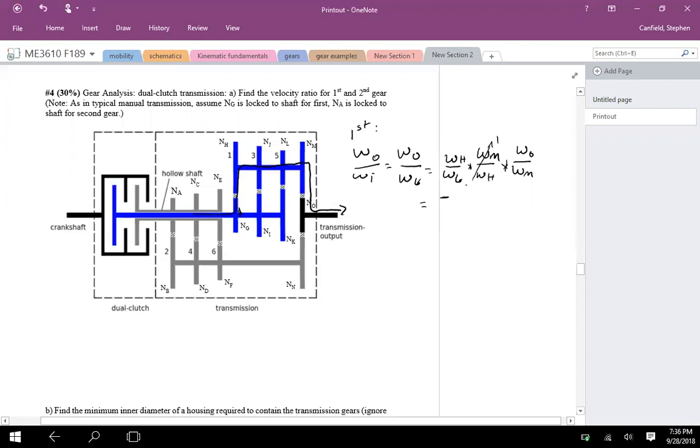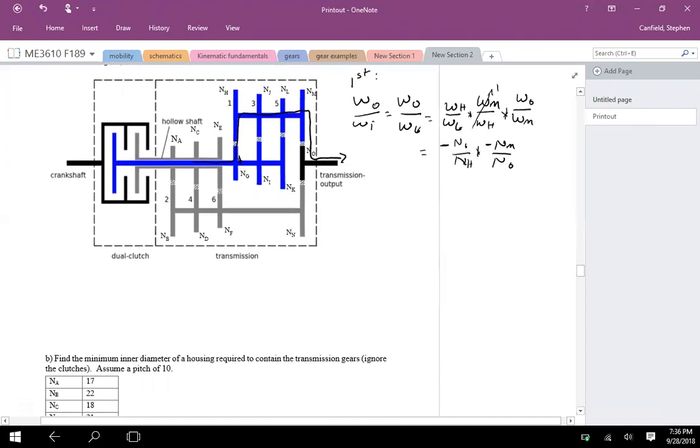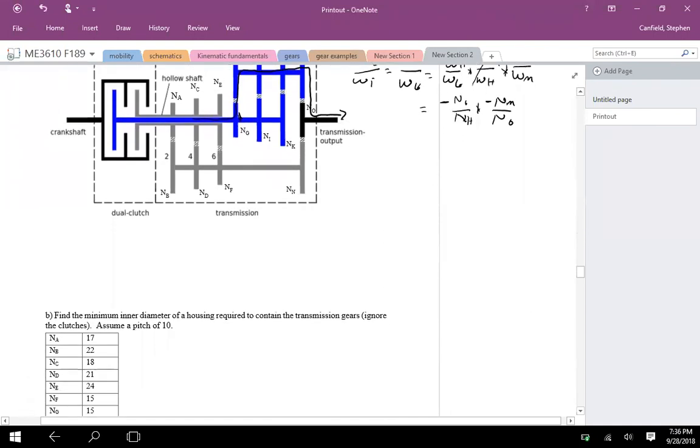fundamental law of gears. So we get the gear ratio for this one, it's external, so it's negative NG over NH times negative NM over NO. Got the values down here.